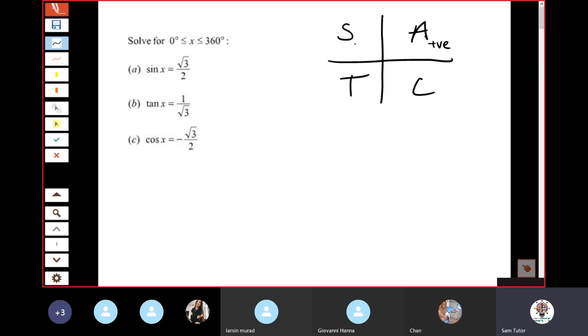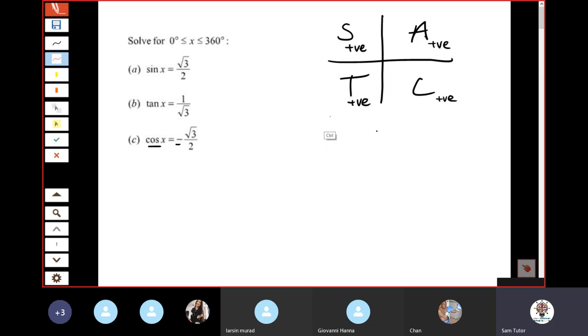This says only sine is positive here, tan is positive here, and cos is only positive here. So if cos is negative, that means all of them are positive here, and cos is also positive here. So that means cos would be negative here and here.